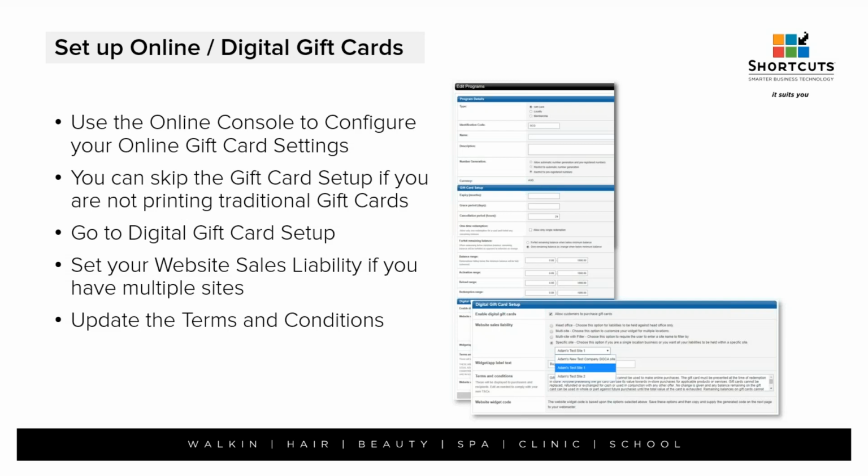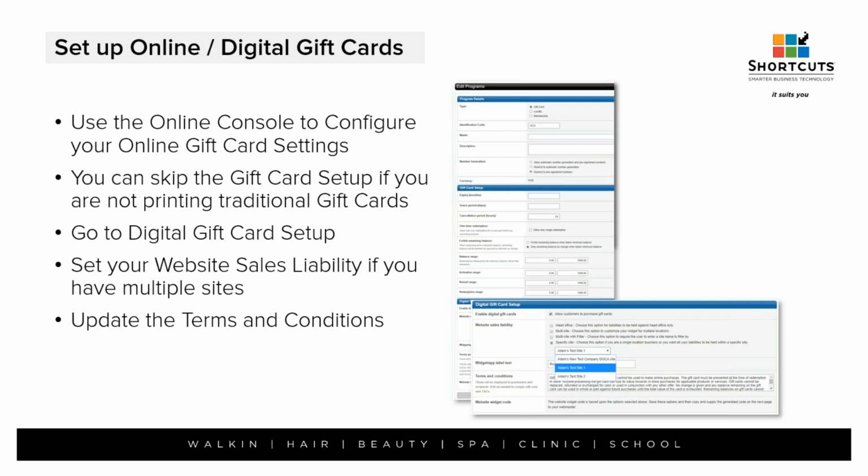If I'm a single site salon, spa or barbershop, then it's just at the specific site. But if I'm a multi-site chain, where should the liability be held? Do I have a head office location that I want to hold my liabilities at, or do I still want it to be held at the individual sites? So you have that option.